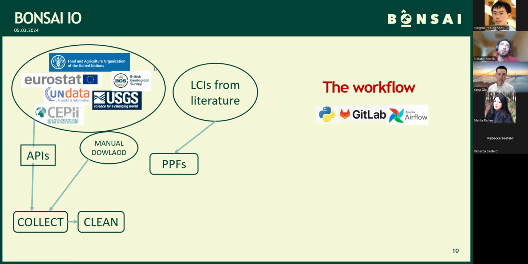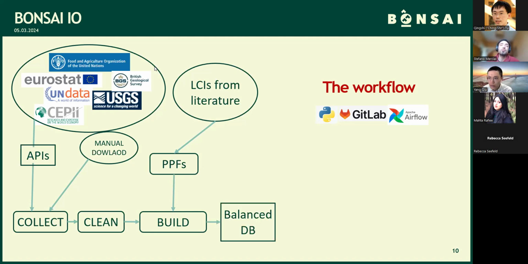For this, we collect a lot of data from life cycle inventories and organize it. All this information from life cycle inventories and from statistical offices goes together in one code where we organize the data, merge, do the gap filling, and carry out all the operations needed in order to create a balanced database.